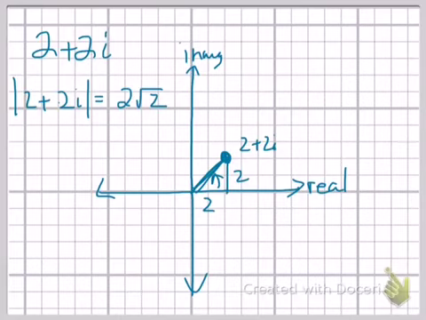But you could do the square root of 2 squared plus 2 squared, that's 8. Square root of 8 is again 2 times the square root of 2. So that's my R value. My angle, theta, is pi over 4. Let's stick with degrees here, 45 degrees.